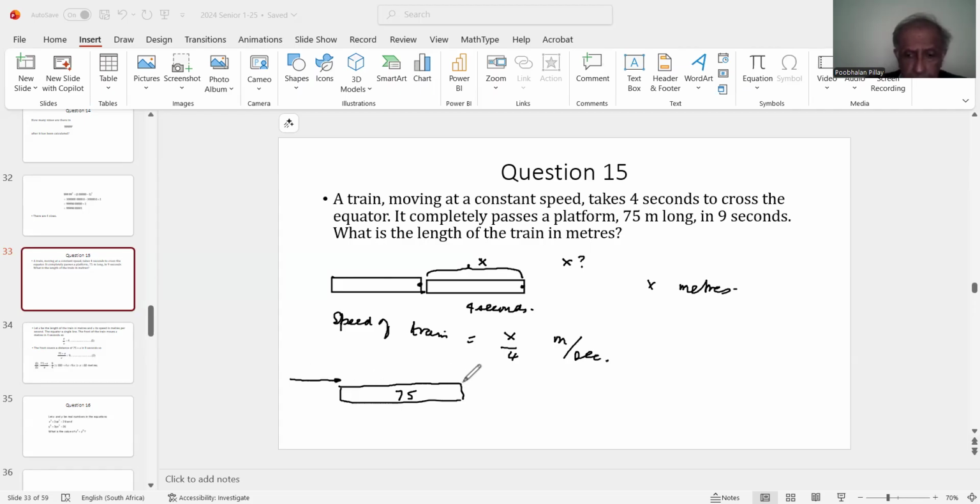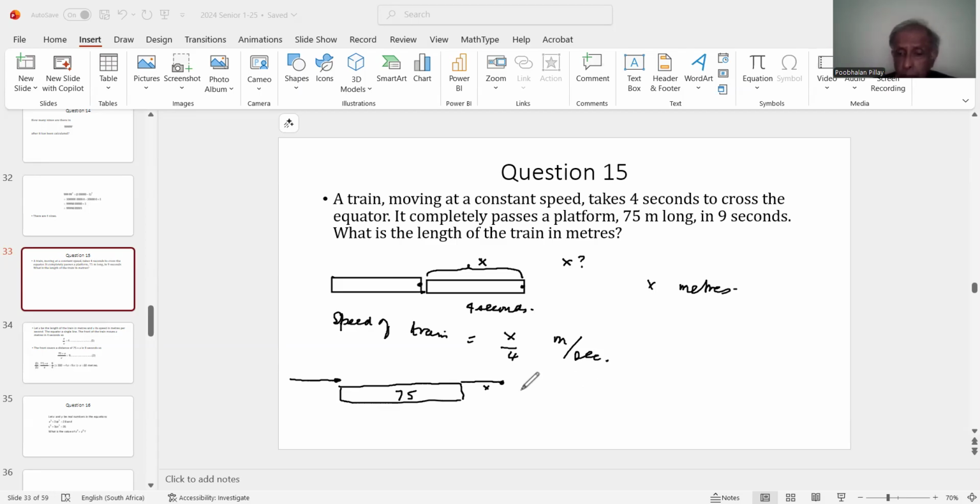When it finishes, it goes right across and completely passes. So this is where the train is after crossing the platform. So you can see what distance the front has traveled. We said the length of the train is x. So this point here, the front of the train, has moved through 75, the length of the platform, plus the length of the train, 75 plus x.